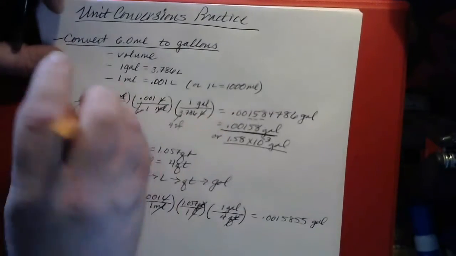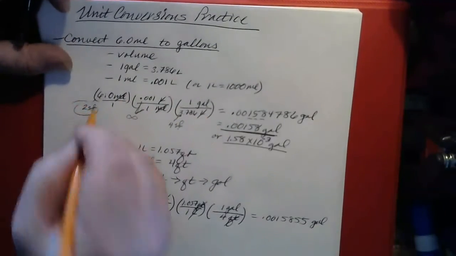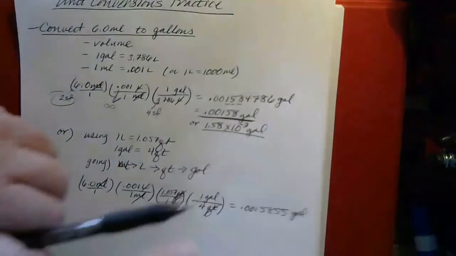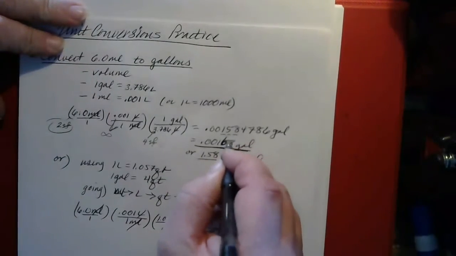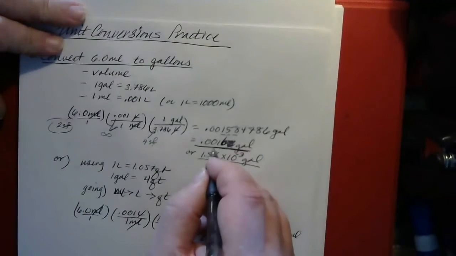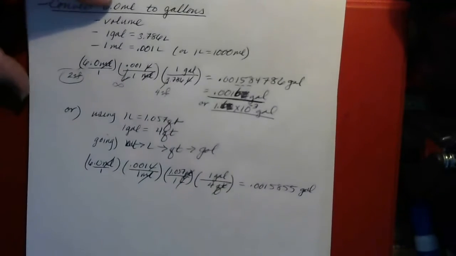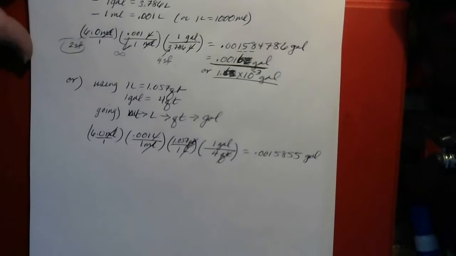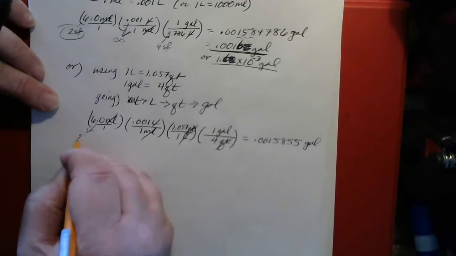Shoot. 6.0 is 2 significant figures. What am I thinking? Okay, that means this is 0.0016. Sorry about that. Or 1.6 times 10 to the minus 3. All right, 2 significant figures.